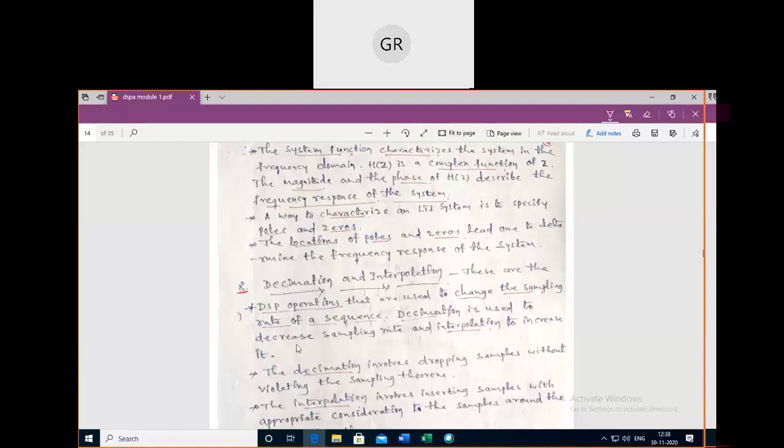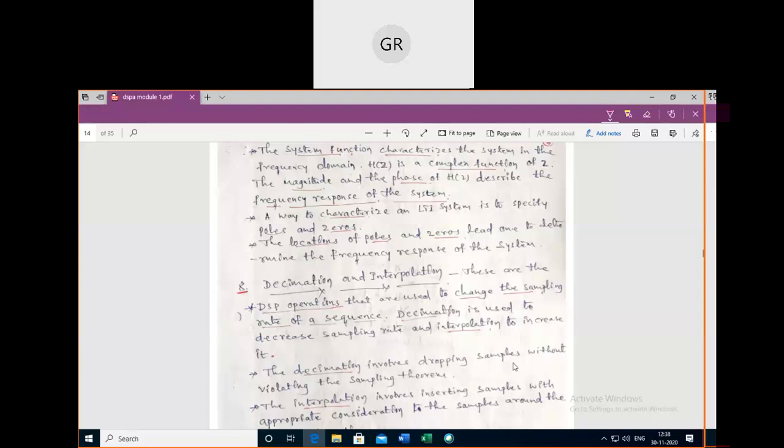Next, the most important topic is decimation and interpolation. What is meant by decimation and interpolation? Decimation and interpolation both are DSP operations which can vary the sampling rate of a sequence.